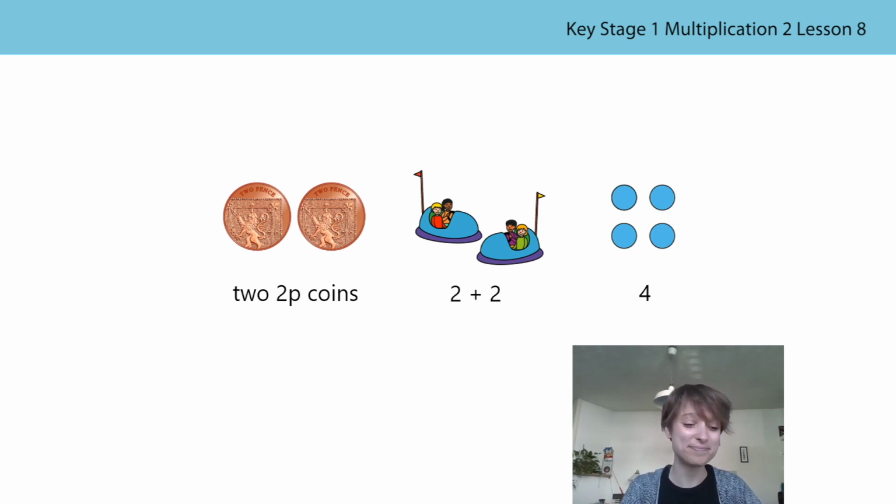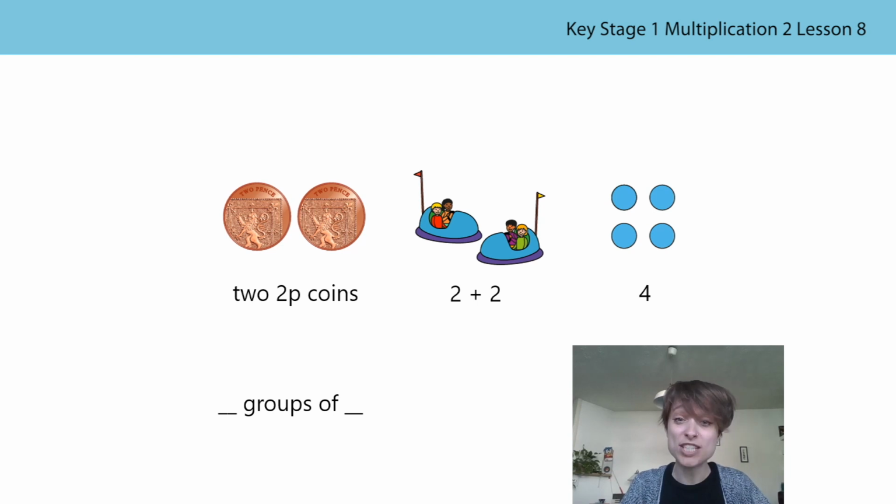Okay. Now let's have a look at the picture of coins first. How many 2p coins can you see? That's right, there are 2 2p coins. Do we remember our sentence stems from lesson 6? Let's see if we can use them to help us to describe this picture.